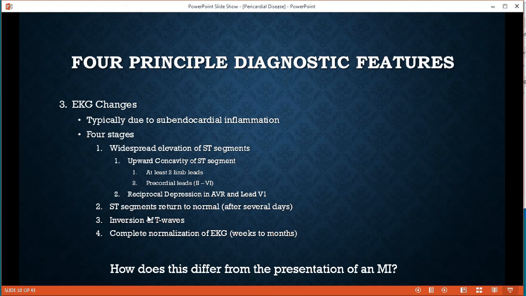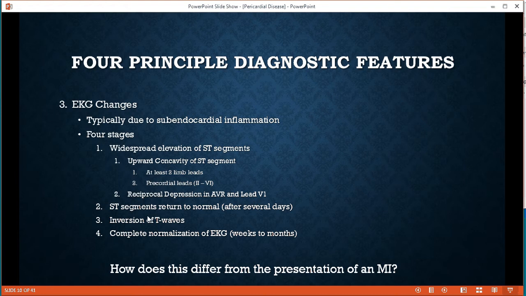It's a very rare occurrence, and so typically you're going to find people who have regional variation of EKG changes, whether it's inferior, leads 2, 3 and AVF, whether there's some lateral changes at 1, AVL or V5, V6, or it could be anterior in the precordial leads.